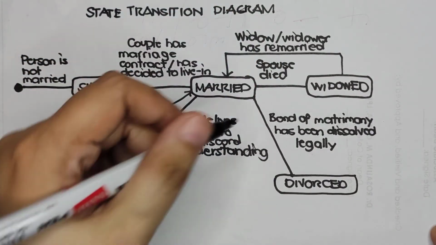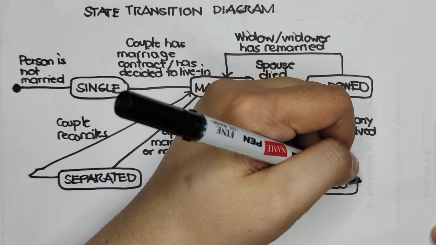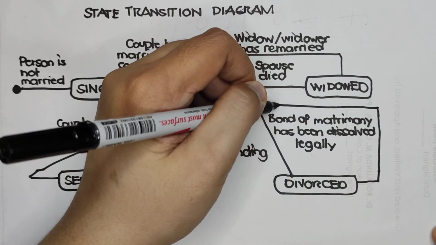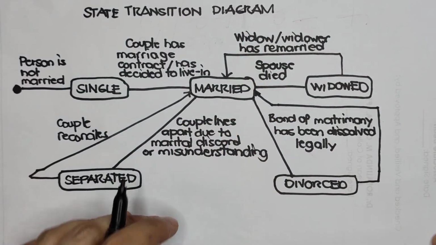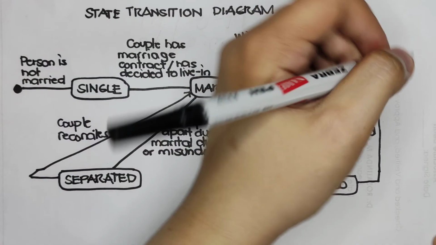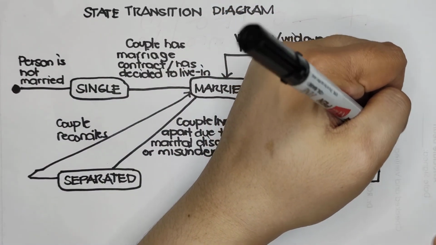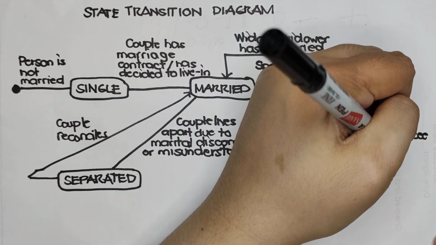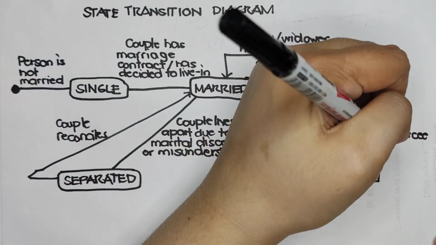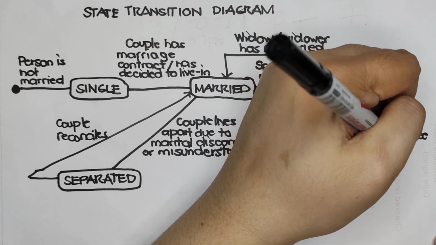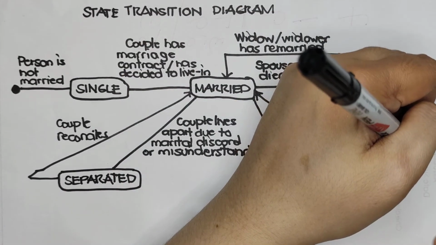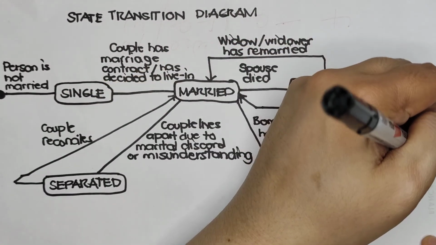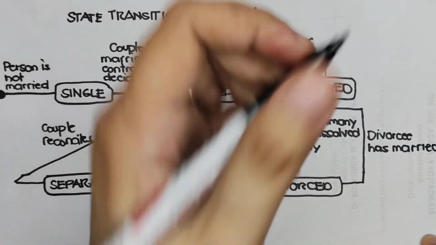So let's have an arrow: the divorcee has married, or has married again.